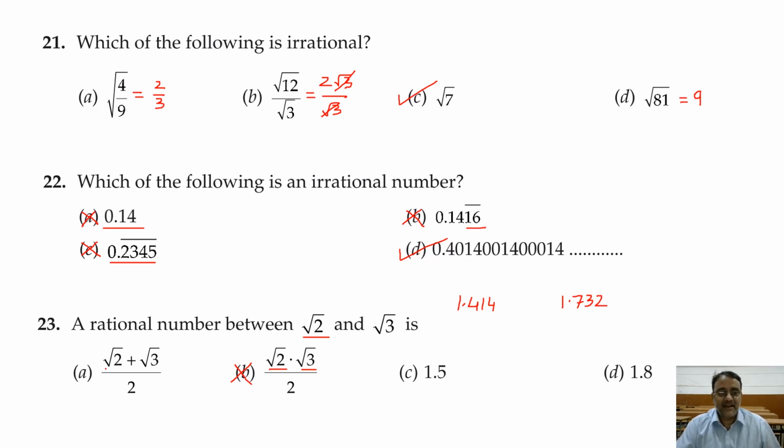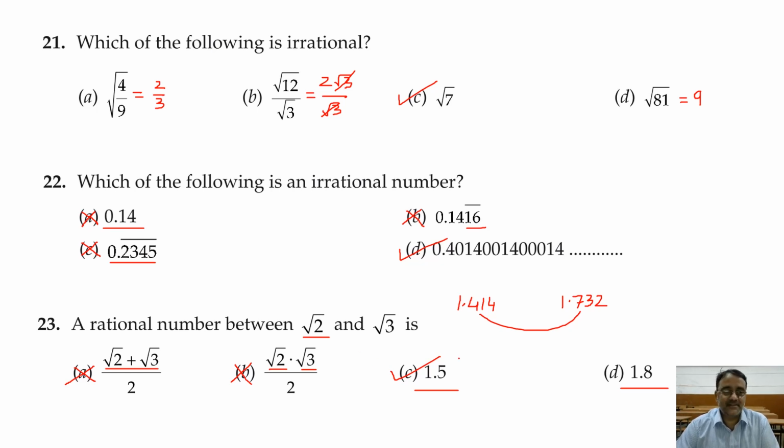And again, the sum of root 2 and root 3 is irrational. If you divide irrational by rational, then also you will get an irrational number. So these two are not answers. Only rational number: we have two numbers, and you have to see which number is in between these two values. 1.5. Option C, right? 1.5. So this is the correct answer. Any doubt in this question?